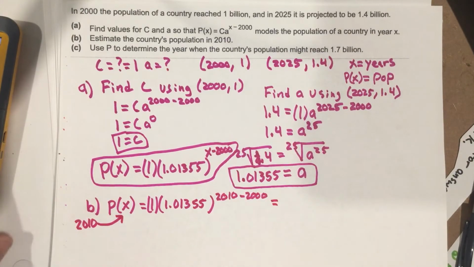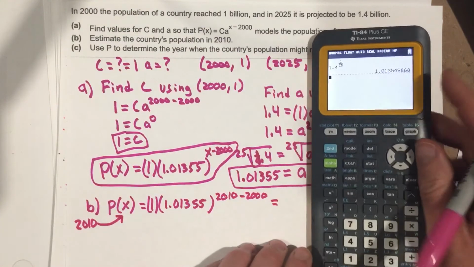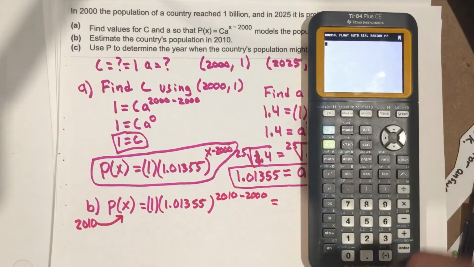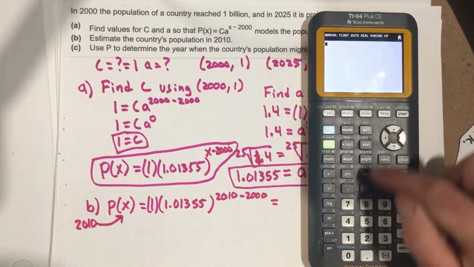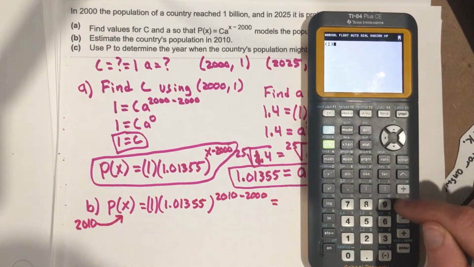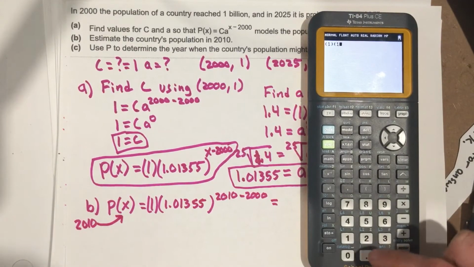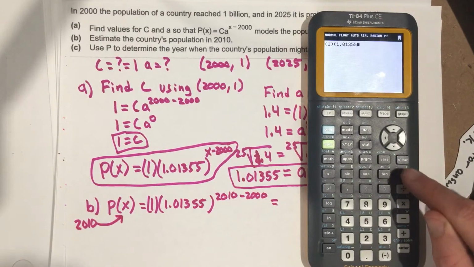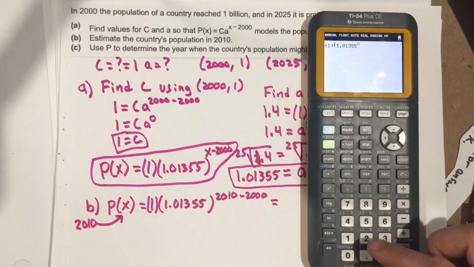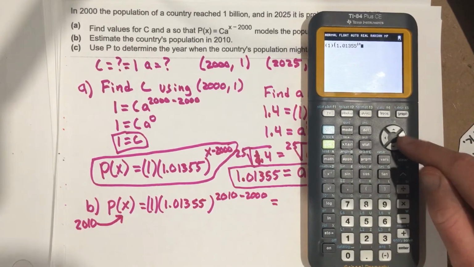That's going to give you, let's go ahead and plug all that in the calculator. So we get 1, I'll just put it all in parentheses. So 1, parentheses, 1.01355 to the, and then 2010 minus 2000, I'm just going to put to the 10th.